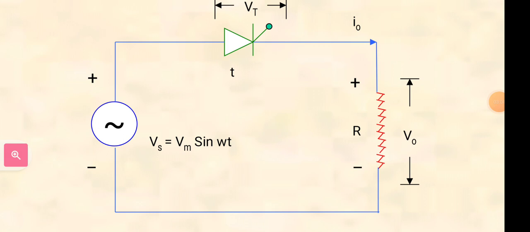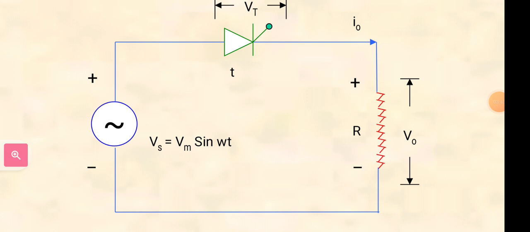During the positive half cycle of input voltage, the thyristor anode is positive with respect to its cathode. Hence, the thyristor is said to be forward biased. When the thyristor is triggered at some delay angle omega t equal to alpha, the thyristor starts conducting and full voltage appears across the load as V0.